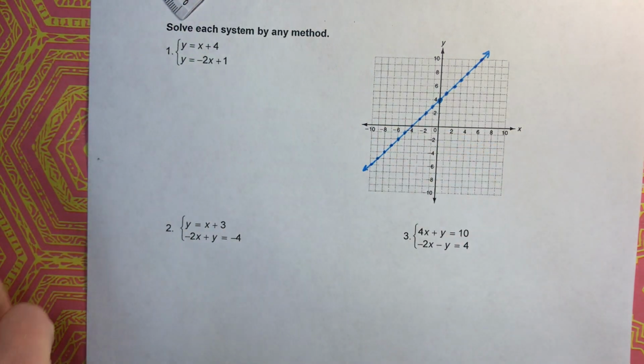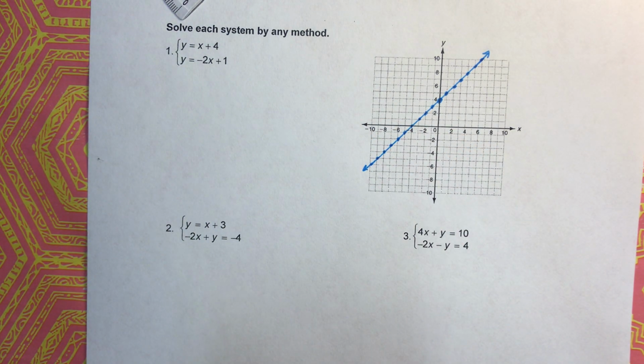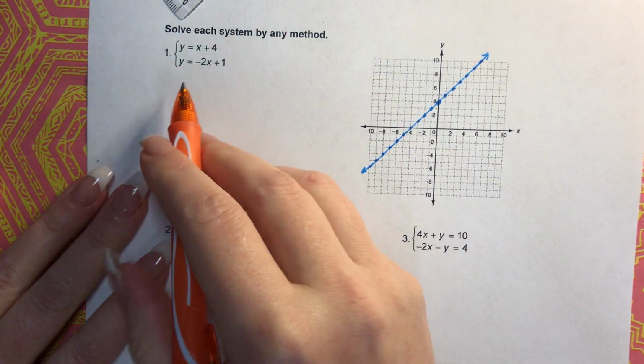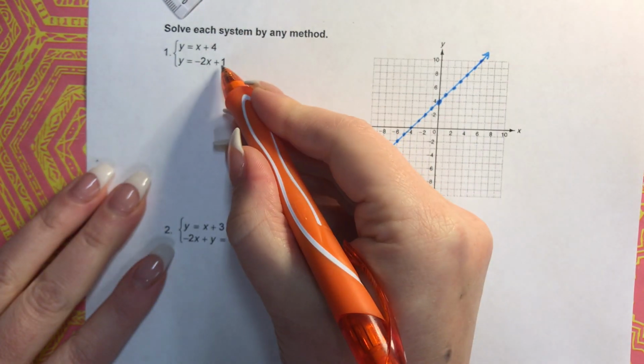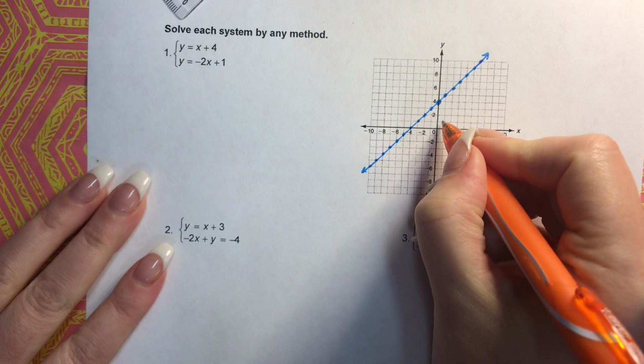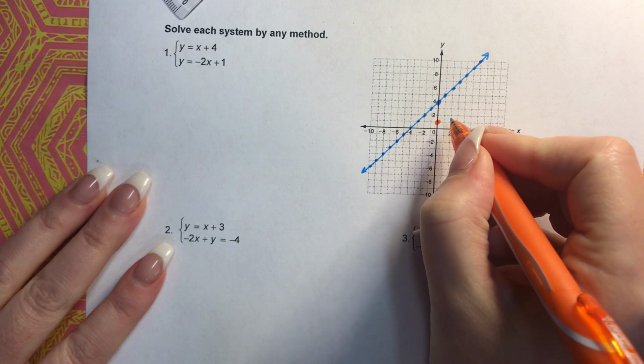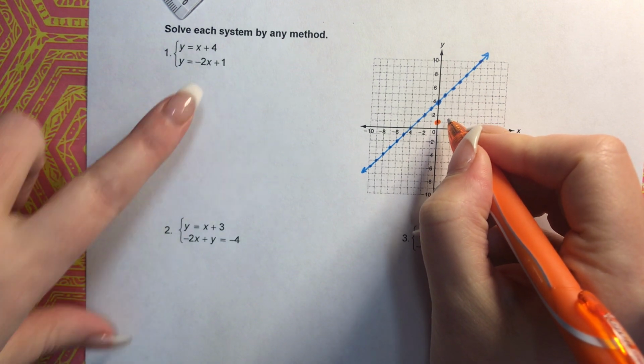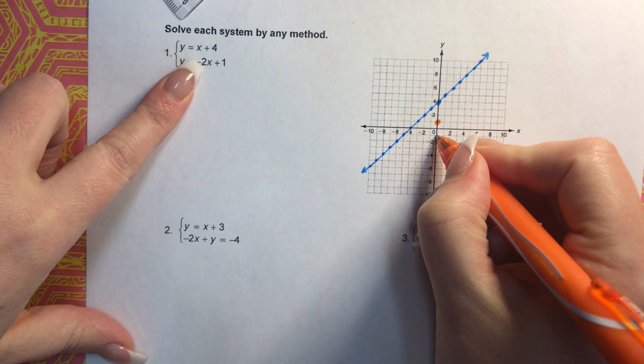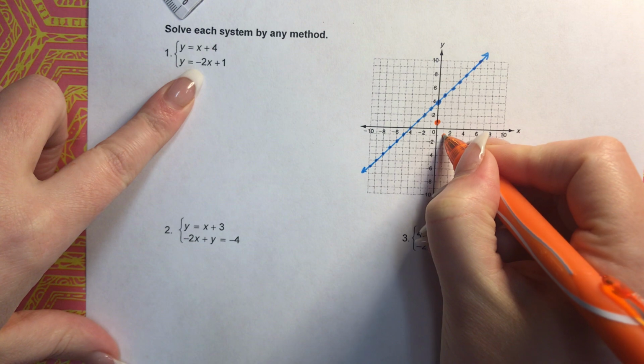Okay, and then let's do the other one. Graph the other line. I'm just going to use a different color. I'm going to try out orange. Okay, so the y-intercept is 1, which is here. And then the slope is down 2 over 1.